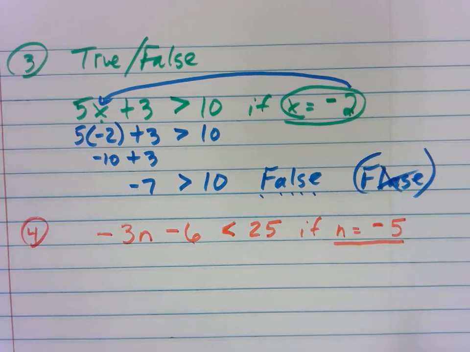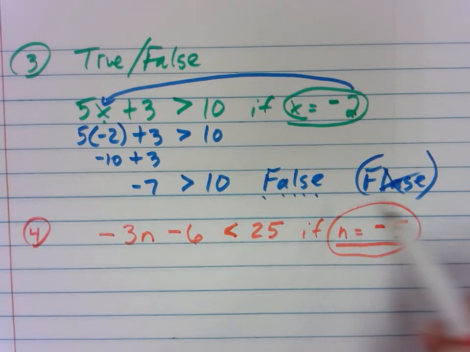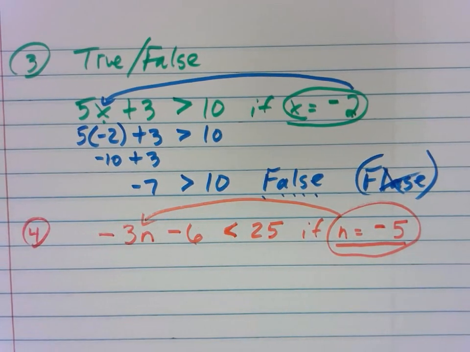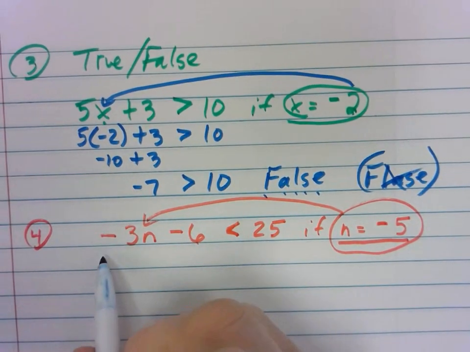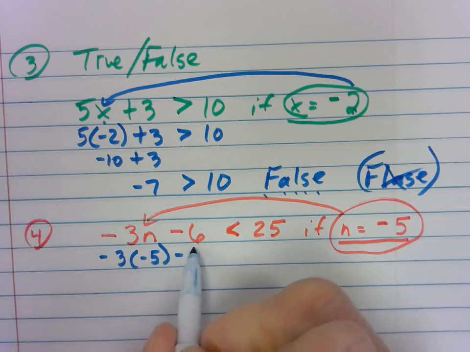Now we're going to take that -5 and bring it over here and substitute it in for the n. And let's see if it's true or false. Are you ready? Here we go. So that would be -3 times -5 minus 6.